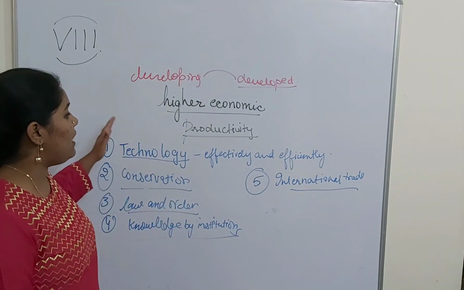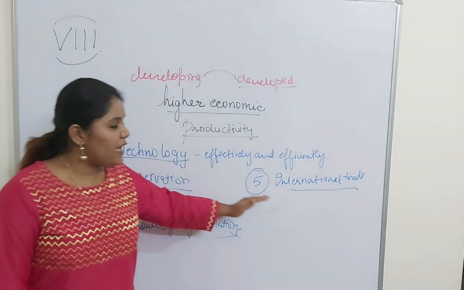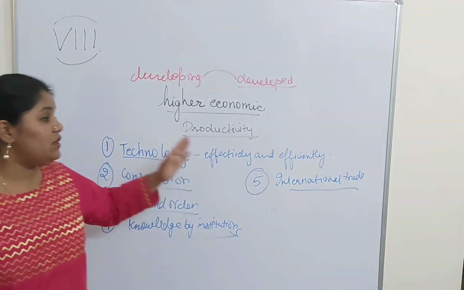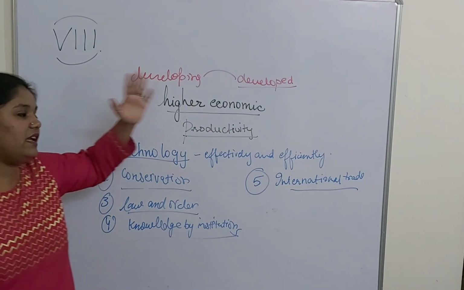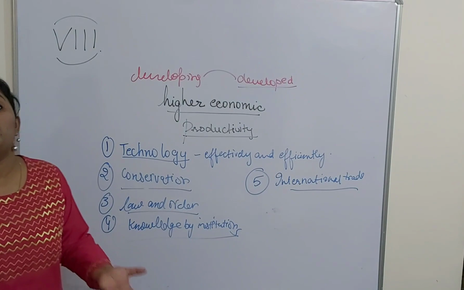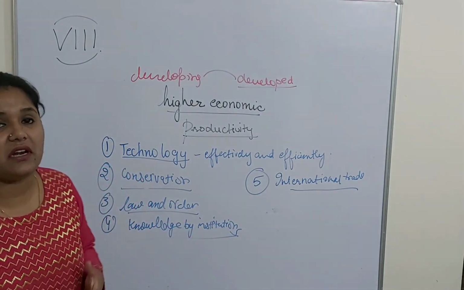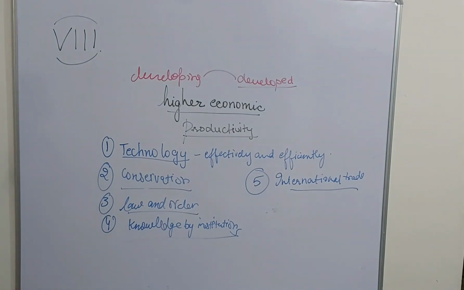Like for example, if we do international trade with the US, so India is the host country, and when we do business with them, they will also invest in our country, and we will also get many opportunities, job opportunities in India. Understood? So international trade is a very important factor to increase high economic productivity.